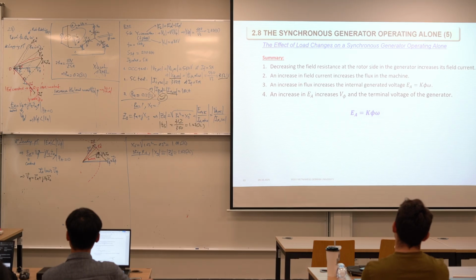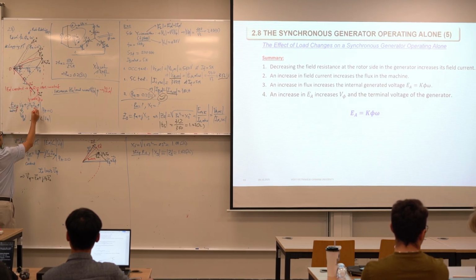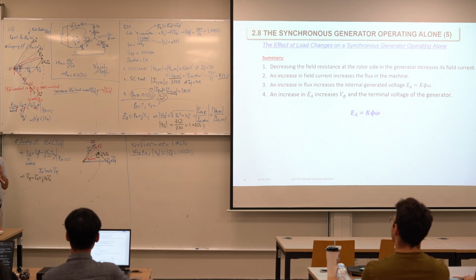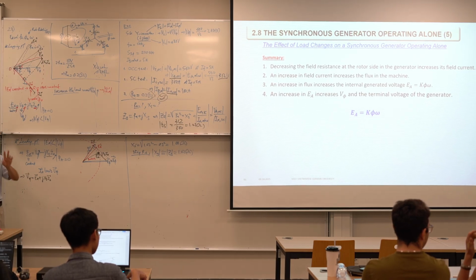So if EA increases and IA is constant, V phase increases. So we have two ways.